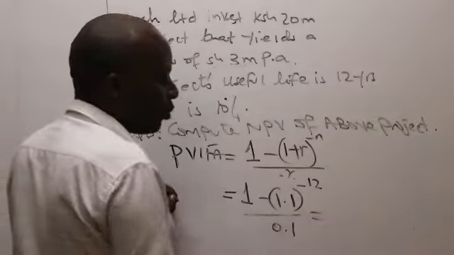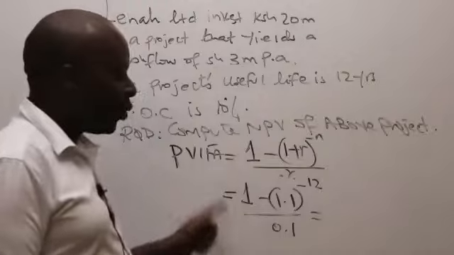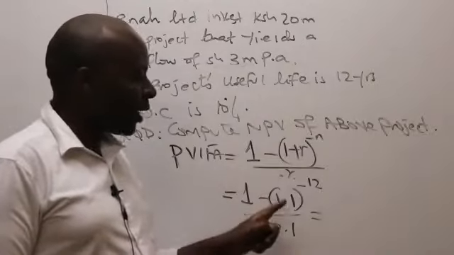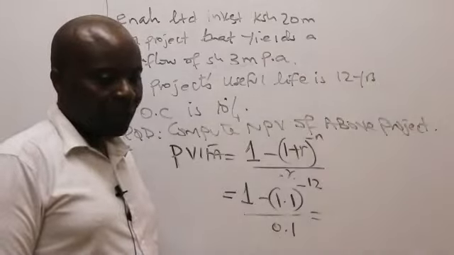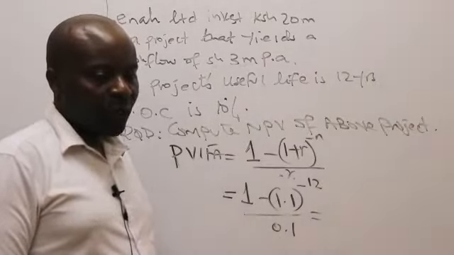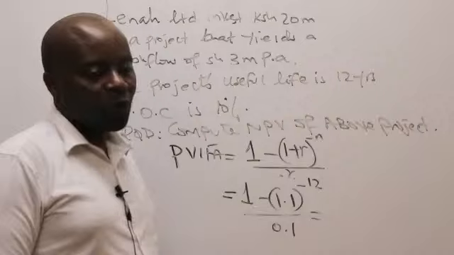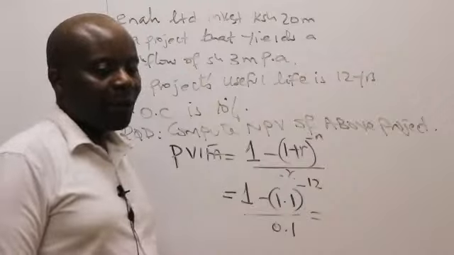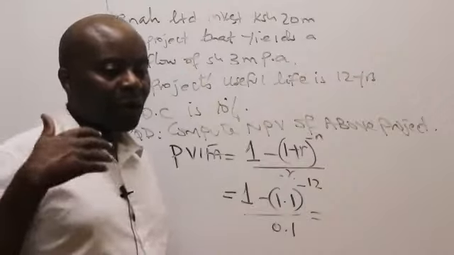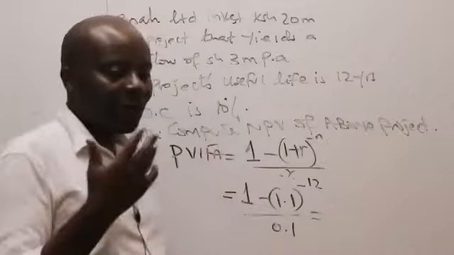So now I need to move slowly here: 1 minus 1.1 raised to negative 12 equals whatever I get, then I divide by 0.1, and then I'll be able to shout the figure and say, hooray.